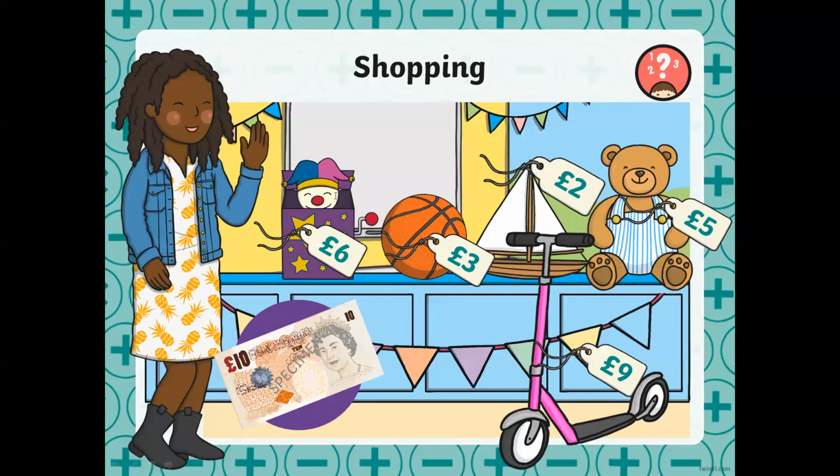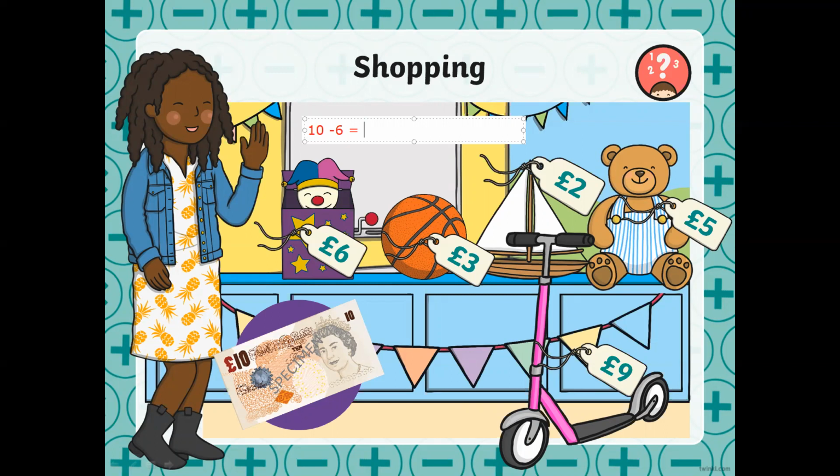If I bought this toy with $6, I only have 10, right? When I pay the seller $6, what will be the money left with me?